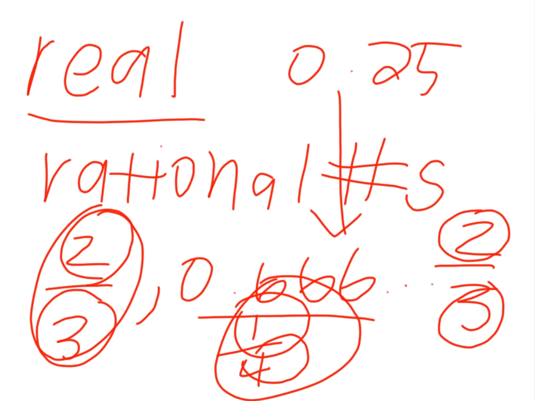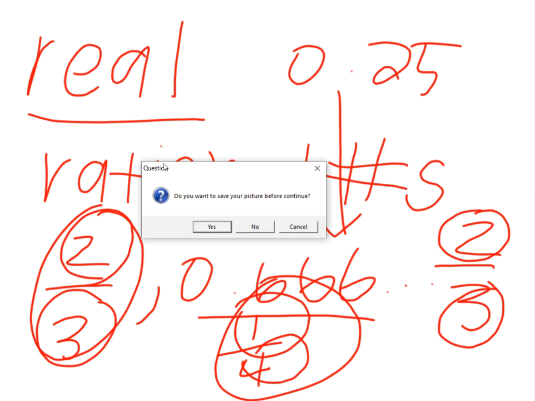So what's the other kind? Well, they're called irrational numbers. To be really direct, irrational numbers are just numbers that are not rational.